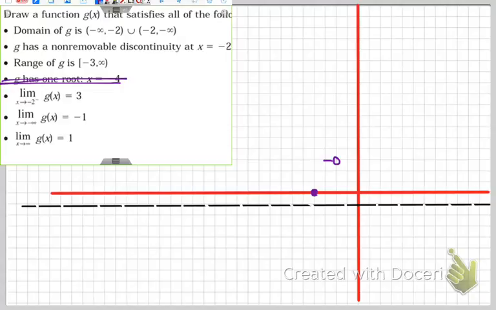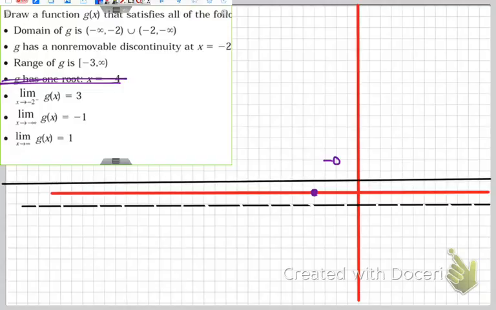There we go. And then the limit as g of x approaches infinity is positive 1, so it has another horizontal asymptote up here at positive 1. And that's for going to positive infinity. All right, and that's pretty much all it tells us, right? So I know that it's going this way as it goes to positive infinity. I know that it's going this way as it goes to negative infinity. So I did this one, and I did this one, and I did this one.